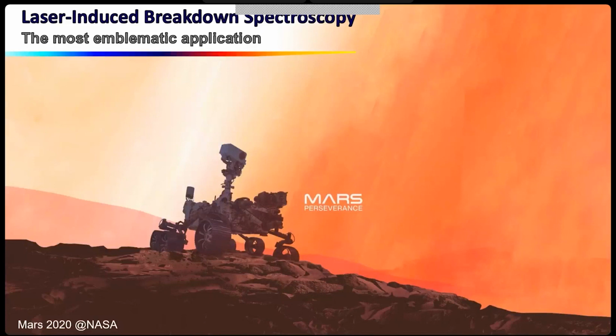There were 2 rovers, Curiosity and Perseverance, and we will go back to this later, but the head of the rover here is a LIBS instrument called ChemCam, and SuperCam later. It allows you to focus the laser at a certain distance, up to 10 meters, and to analyze the composition of rocks in the vicinity of the rover. But I will talk a little bit more about this later on.